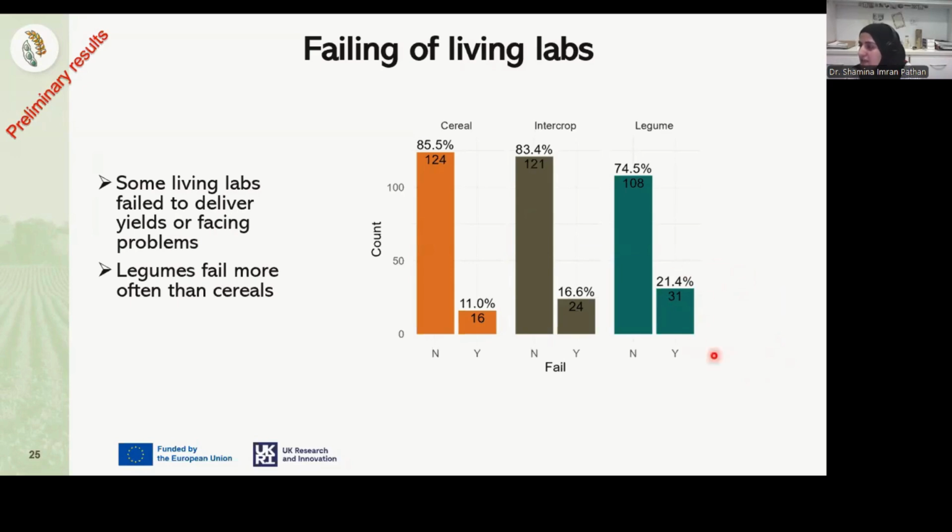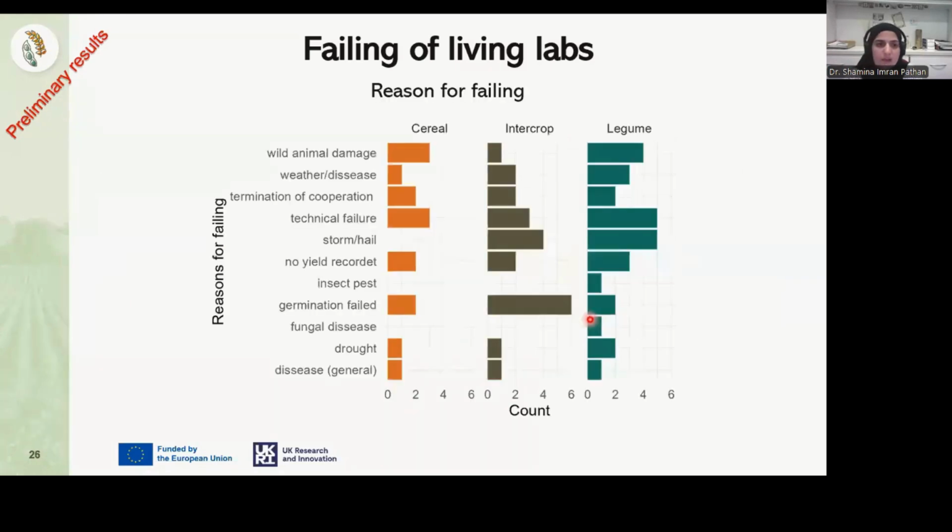It's almost double the amount of legumes failing, either in monoculture or intercropping. Then we also checked the reasons for these failures. There are diverse reasons, like in some trials, wild animals attack.